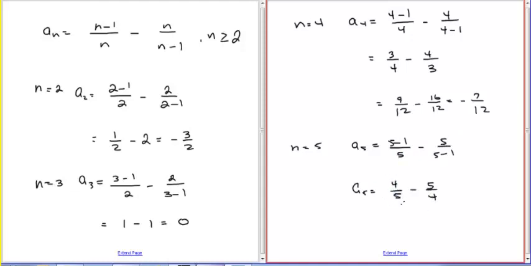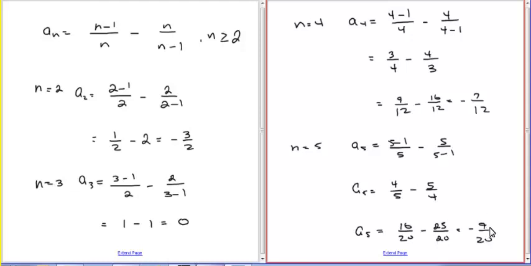Okay, so let's simplify it. In terms of 20ths, we're going to get 16/20 minus 25/20, which is negative 9/20.